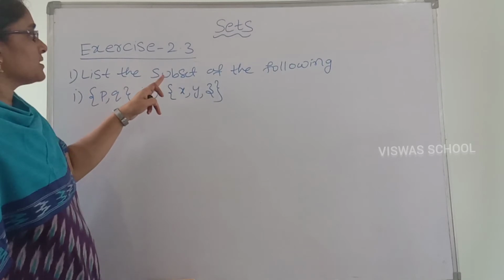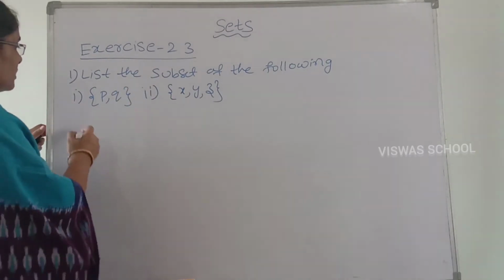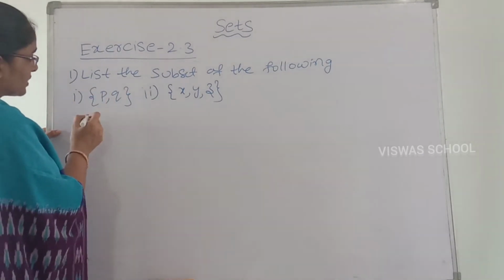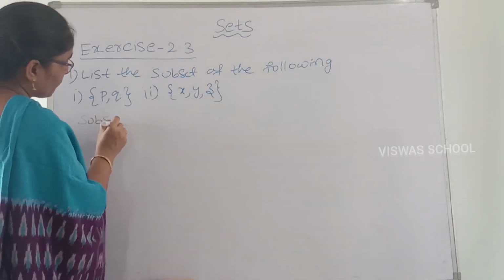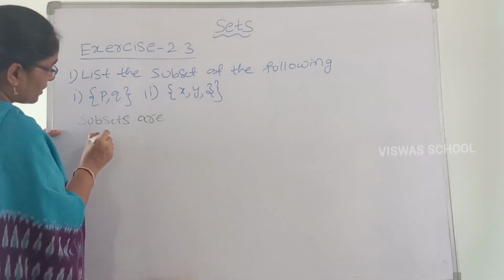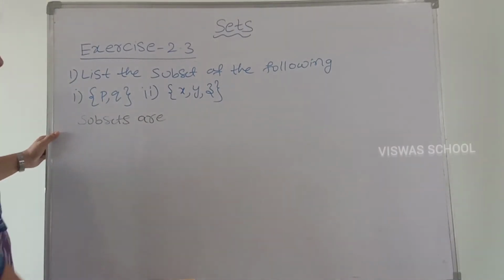Next one is: list the subsets of the following. In this, the first one is P comma Q. We have to write the subsets of this set P comma Q. See once, what are the subsets here. First one is the empty set, which is a subset of every set.